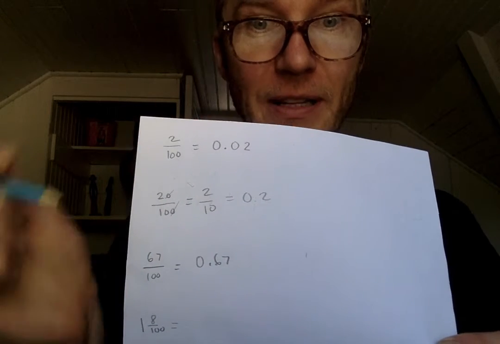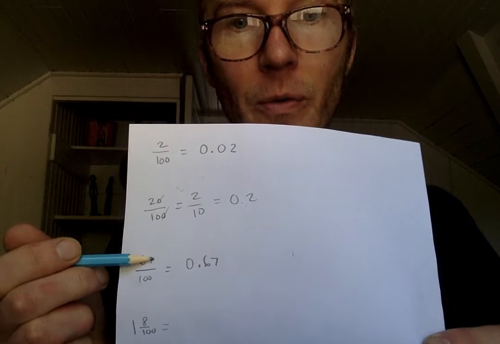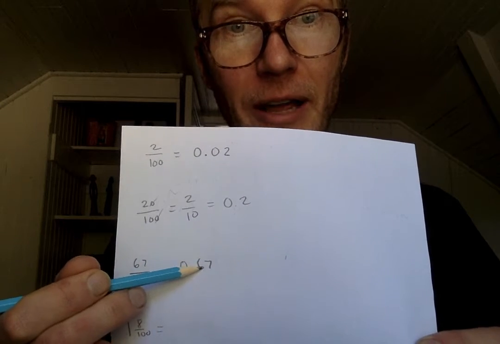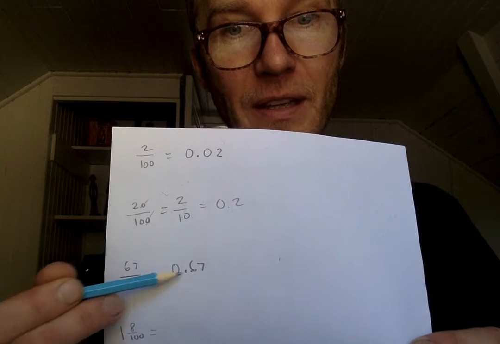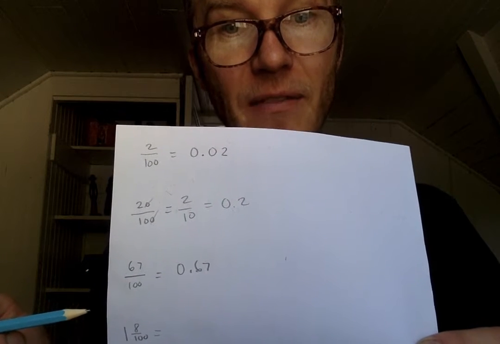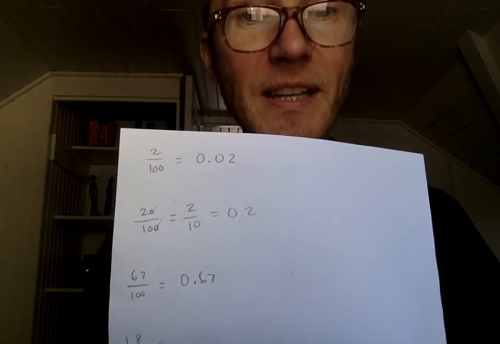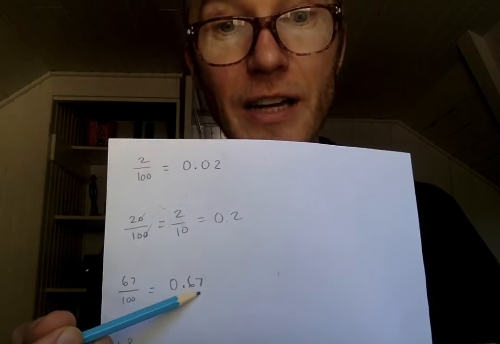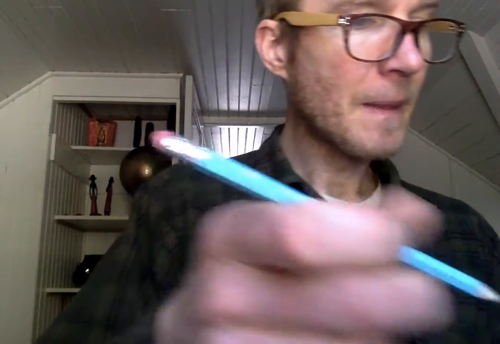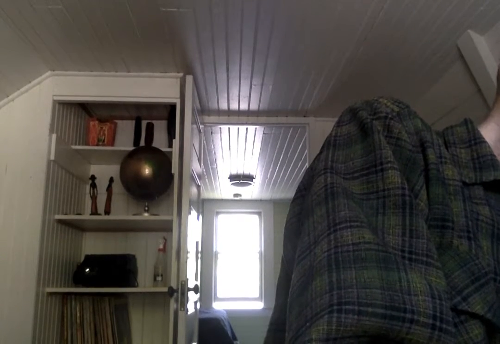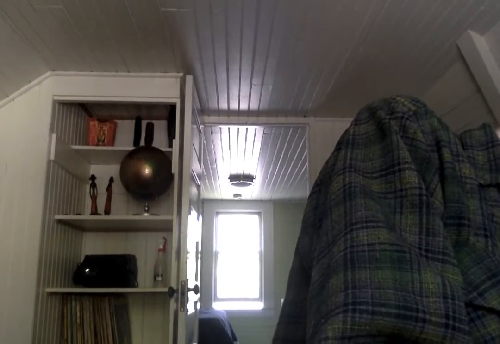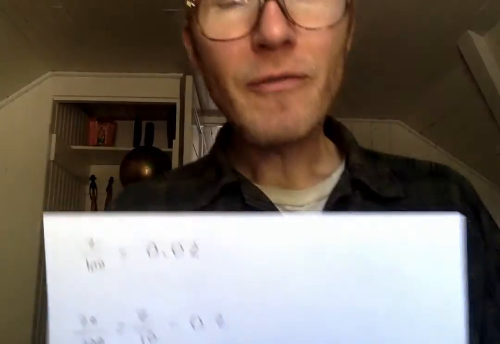So you know there's going to be something in the hundredth spot, right? The 6 just goes right in the first spot, and then the 7. So 67 hundredths is 0.67. So just be kind of on the lookout for the hundredth spot.